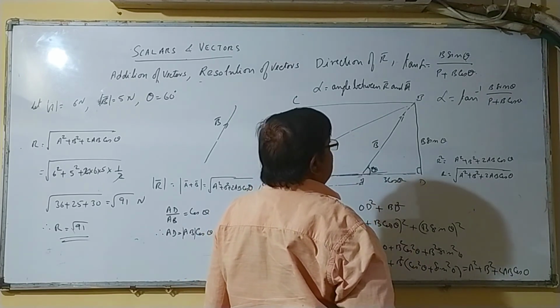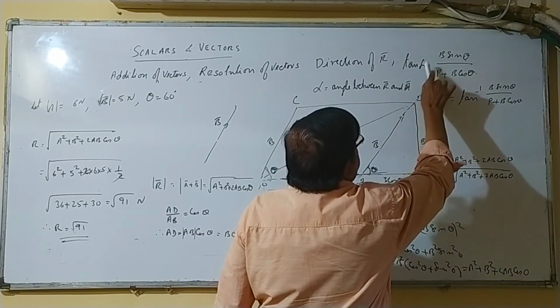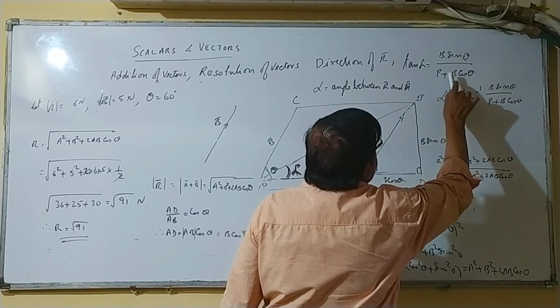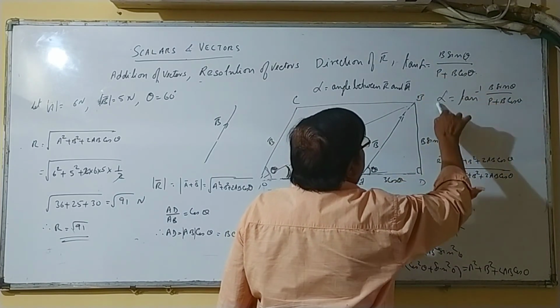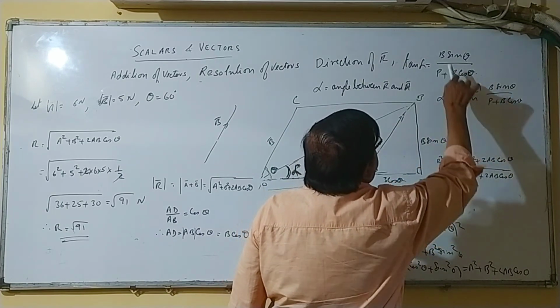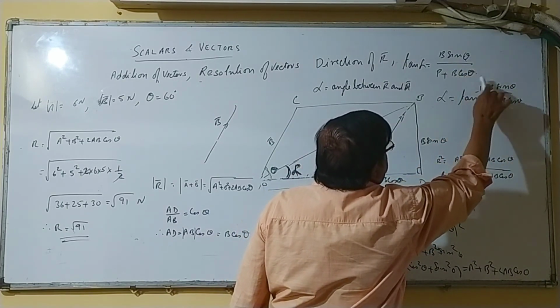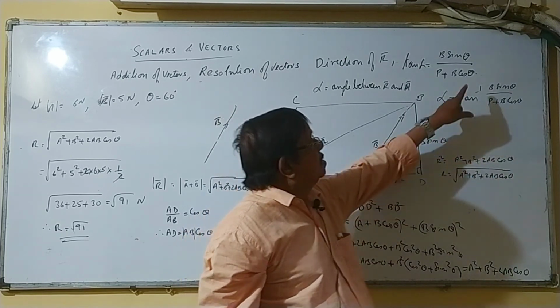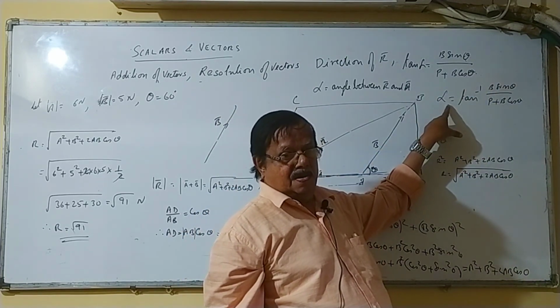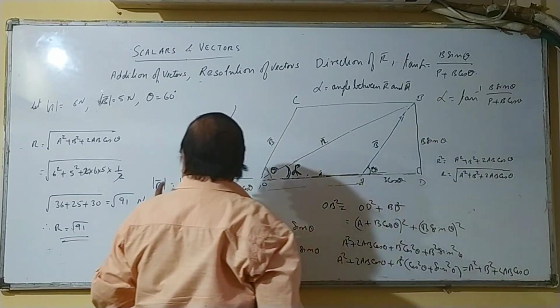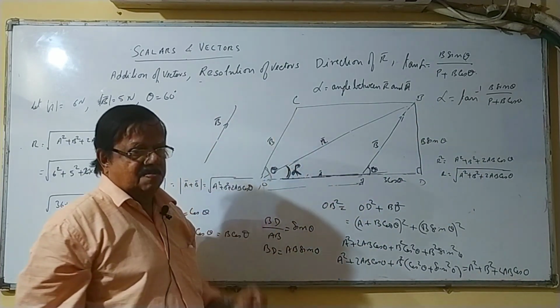How will we find alpha? tan alpha equal to B sin theta upon A plus B cos theta, or alpha equal to tan inverse of B sin theta upon A plus B cos theta. This formula is for finding alpha, and this formula is for finding the magnitude of the resultant.